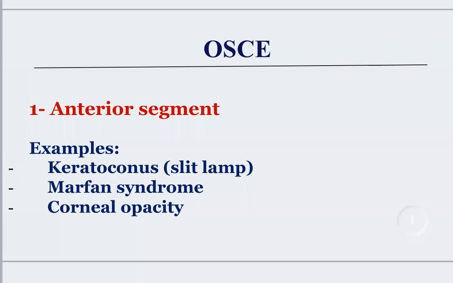So if the exam question is to examine the right eye, after examining the right eye, you may ask the examiner to check for any signs in the other eye. The second was the corneal opacity, and the third was Marfan syndrome.